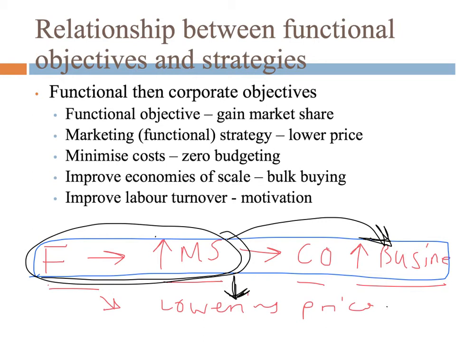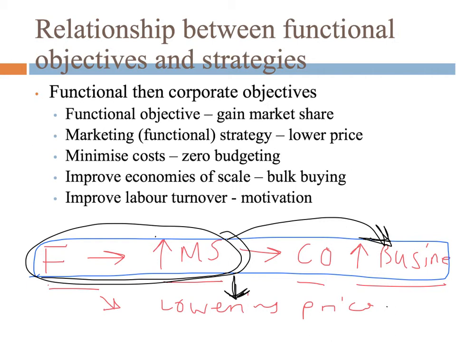A functional objective in the finance division might be to minimize costs. This could be in order to contribute to the corporate objective of maximizing profits. The strategy that could be put in place to achieve this might involve introducing zero-based budgeting. A functional objective in the operations division might be to improve economies of scale.